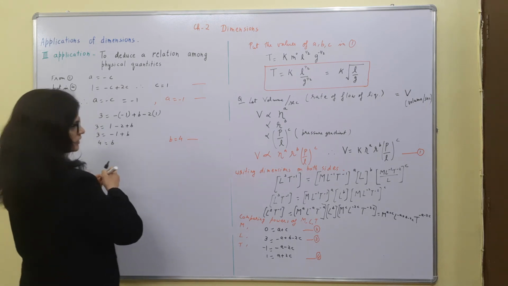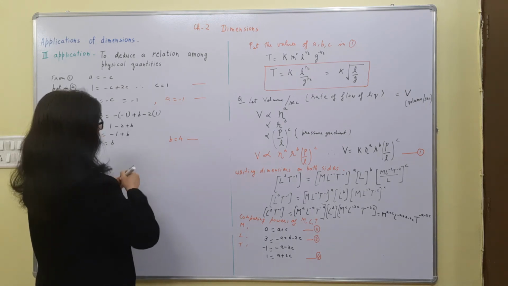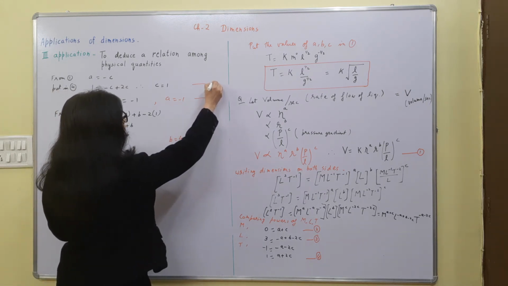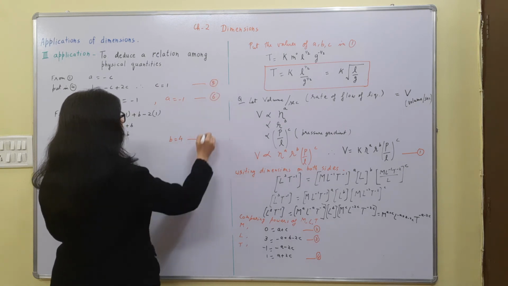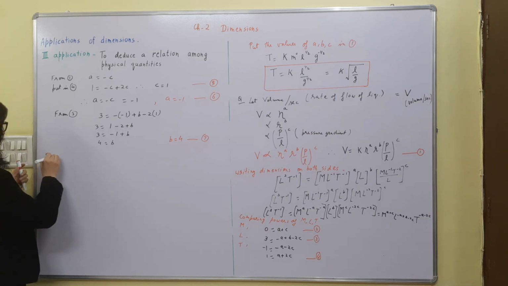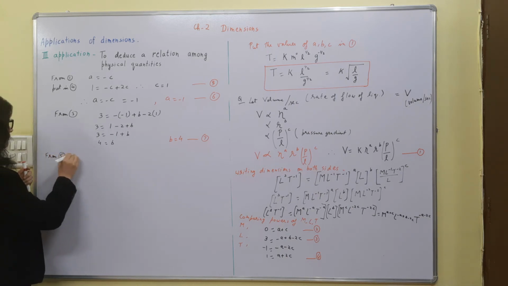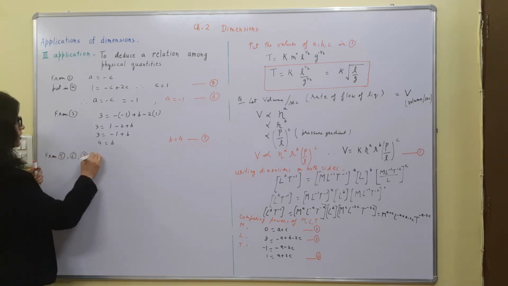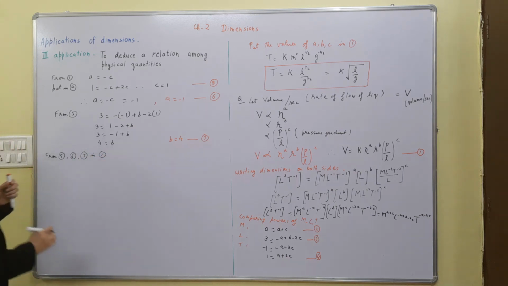So let's mark these as 5, 6, 7. So from 5, 6, 7 in 1, what will we get?